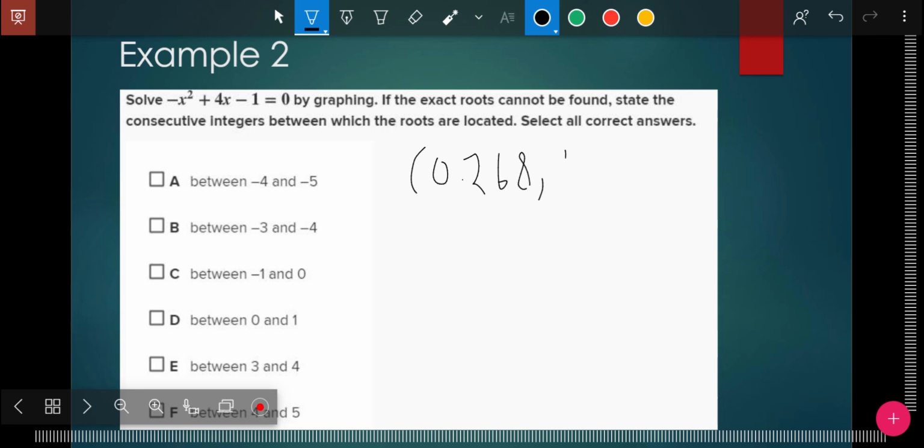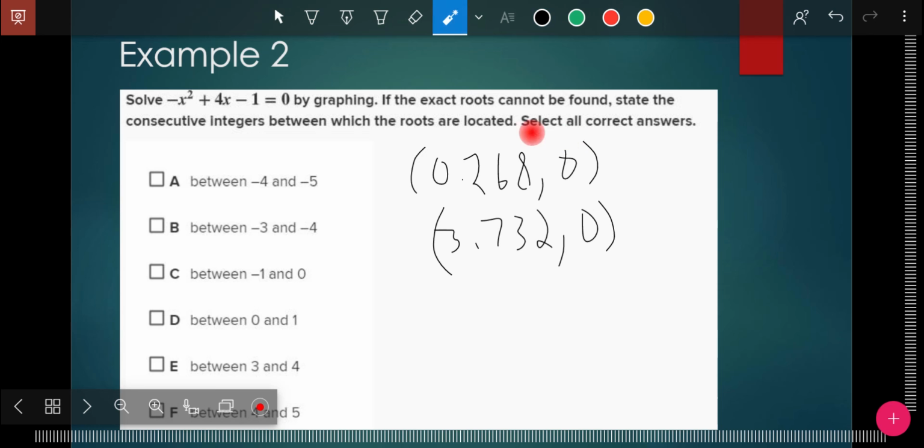And when I click on the points, it tells me the points are 0.268, which is rounded, and 3.732, which is rounded. So those are not exact answers. Those are rounded answers. So 0.268 is between 0 and 1, and that's all you're marking here.